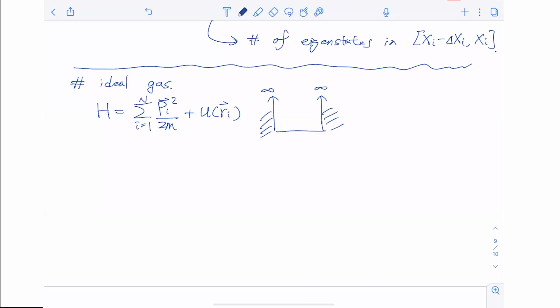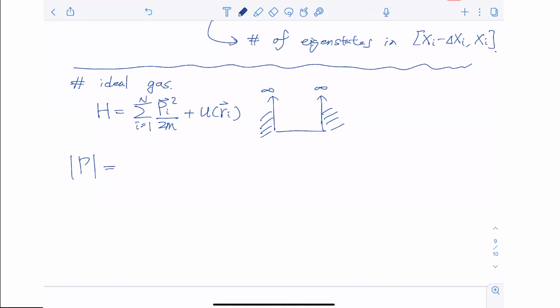It just says that if you get outside of the size of your box, basically the potential energy cost is infinite. So the particles do not want to do that, and they are all confined within a certain area within this box. Okay, so now we can ask how to derive the accessible phase space for this system.